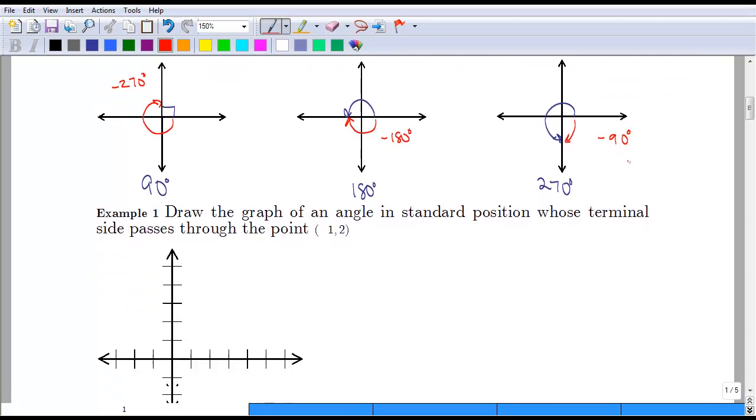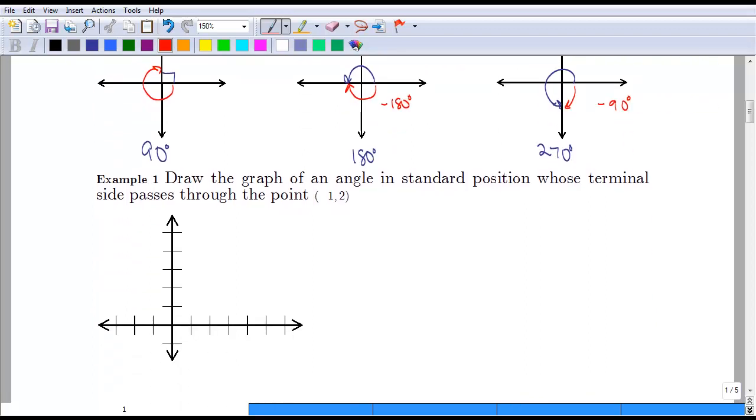Let's take a second and look at actually drawing an angle in standard position. So we want to draw the graph of an angle in standard position whose terminal side passes through the point (-1, 2). So all we're going to do here is first we're going to label our graph so we know what each unit stands for. And then we are going to go back 1 because -1 and up 2.